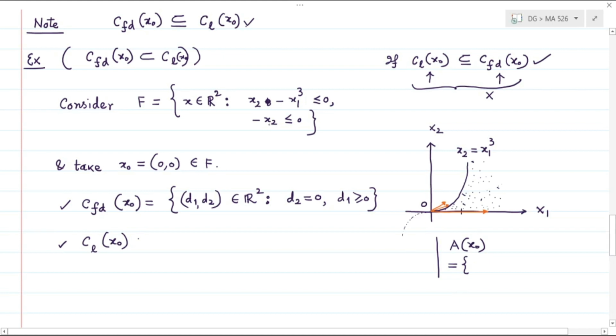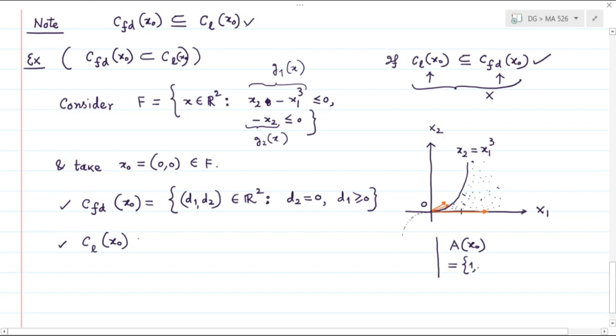At the point 0, 0, we note that if I write the first inequality as g1(x), then g1(x0) is equal to 0. Similarly, if I write the second as g2(x), then g2(x0) is also equal to 0. Therefore both the indices 1 and 2 are in the set A(x0).